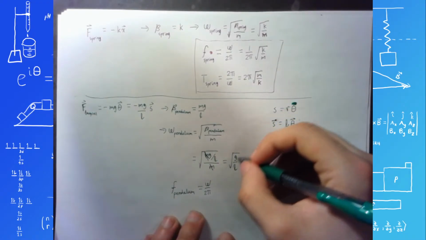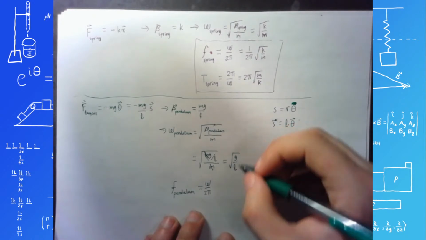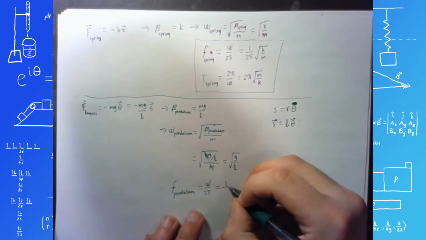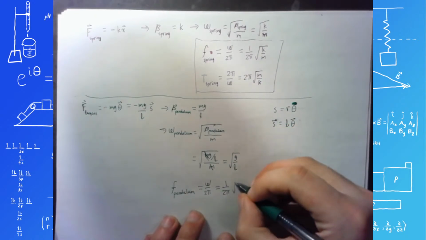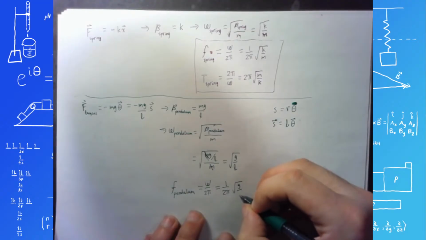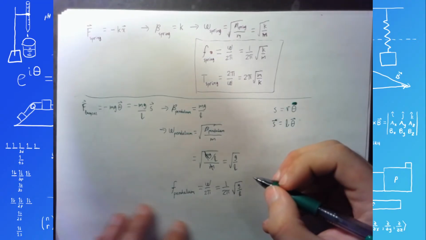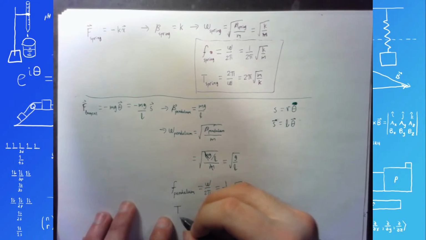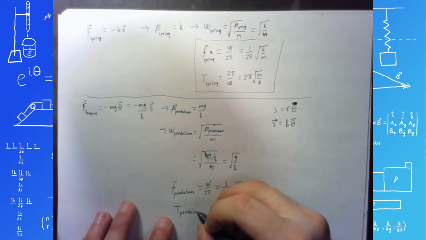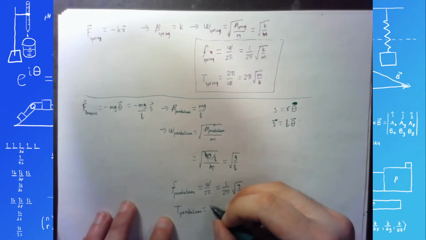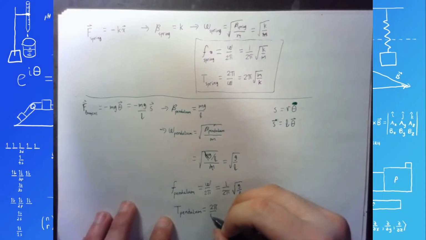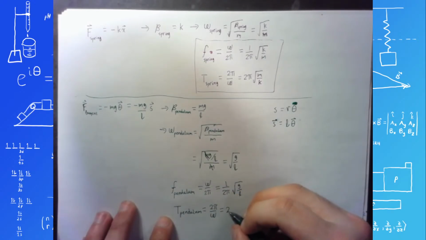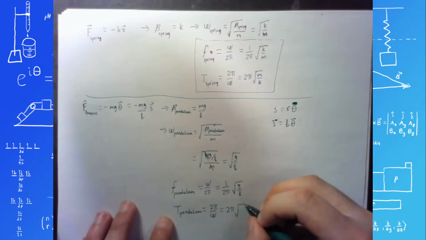Omega pendulum is square root g over L, over 2 pi, so that's 1 over 2 pi times the square root of g over L. And period will just be the reciprocal of that, equals 2 pi over omega equals 2 pi times the square root of L over g.